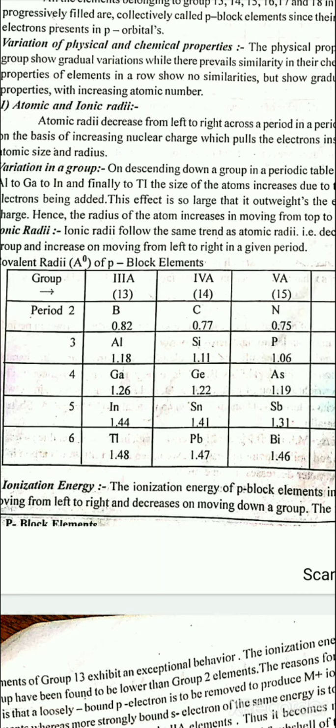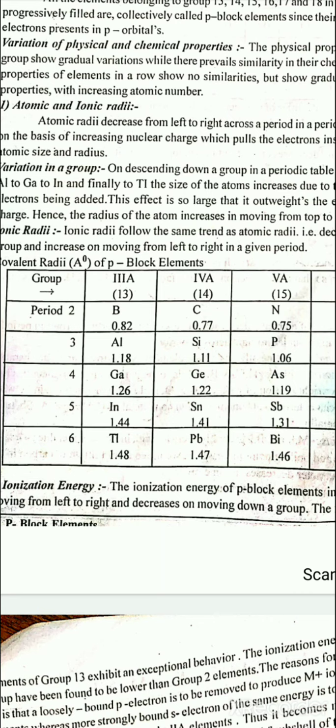Atomic numbers 5, 6, 7. See the radius: 0.82, 0.77, 0.75. It is continuously decreasing because of the increasing nuclear charge.